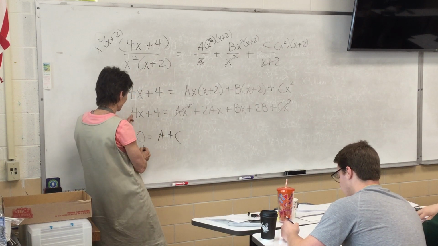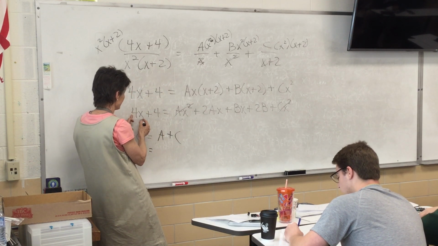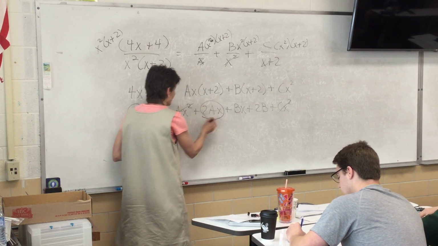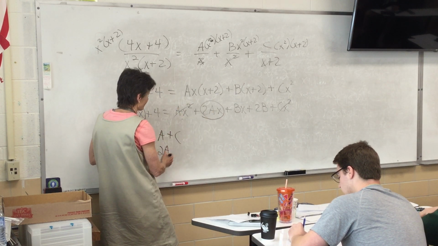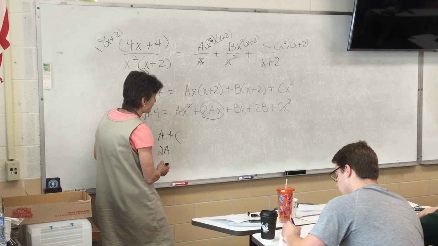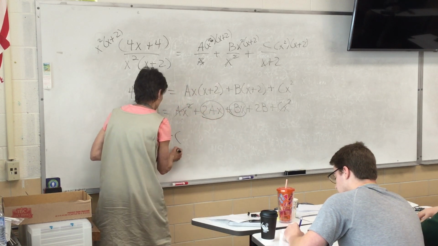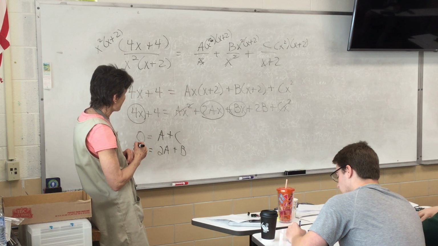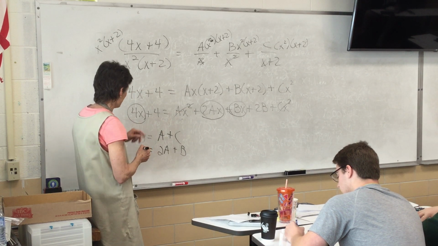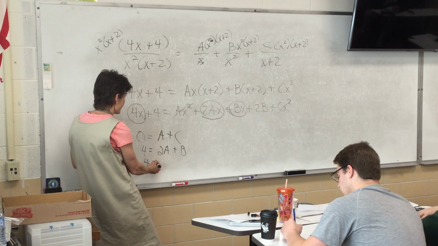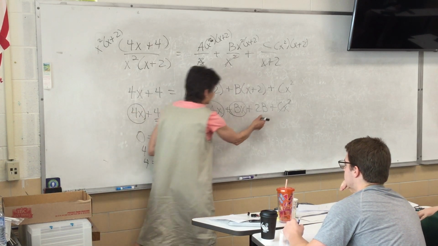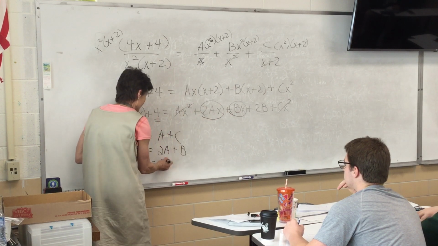All right, now you got 4 regular x's. So that's going to have to equal 2 A's and a B. And I think that's it, isn't it? And then 4 is also going to have to equal 2B.